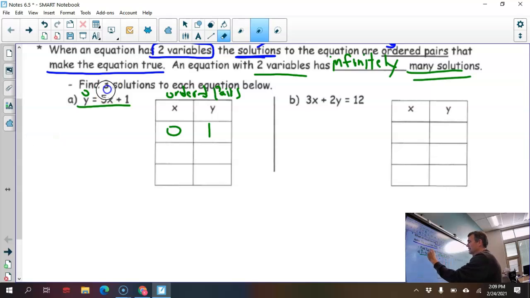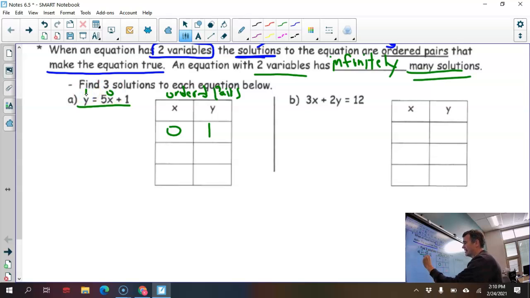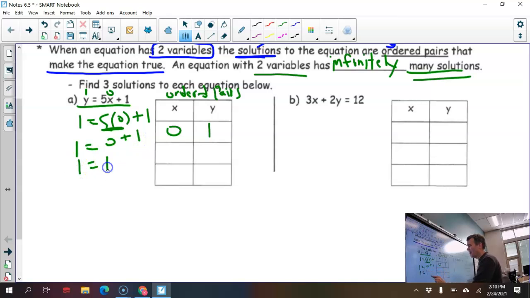If I put 0 in for x and 1 in for y, I would have 1 equals 5 times 0 plus 1. Is that true? Well, 5 times 0 is 0, and 0 plus 1 is 1. It is true. That is an ordered pair that is a solution to that equation.